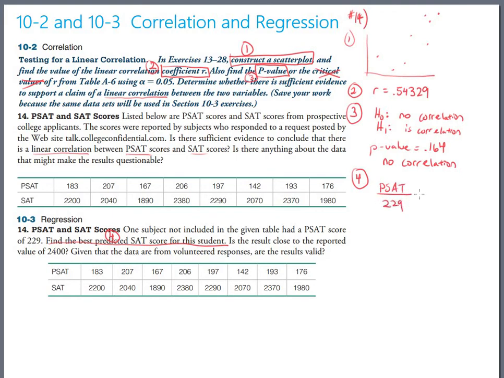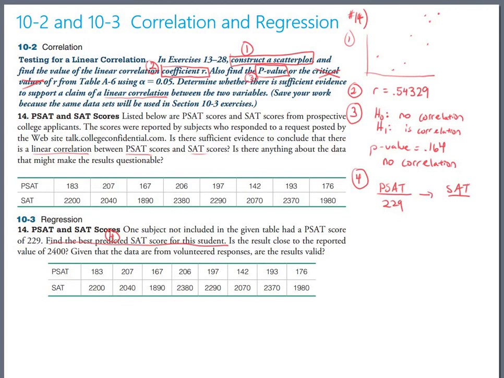And the question then became, what kind of SAT score would you expect that person to have? We just got done saying there's no correlation between these two things. In other words, you can't use PSAT scores to predict SAT scores.